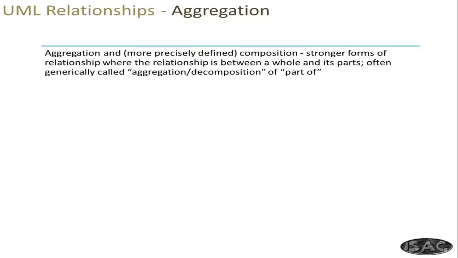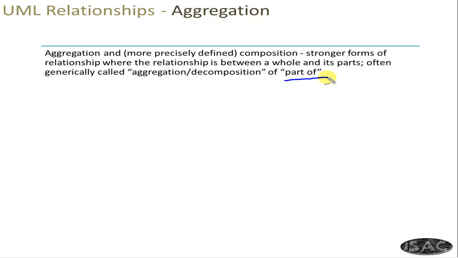What is aggregation relationship? Aggregation, also known as composition, basically says that it is a kind of a part-of concept. Let us think about an example: car and tire, car and engine, car and steering.